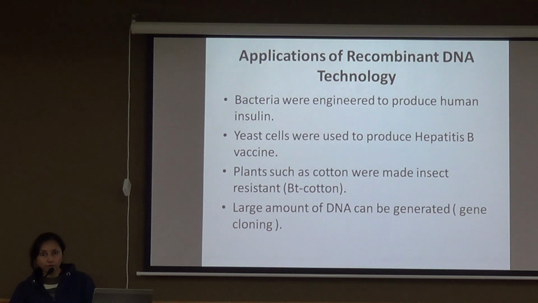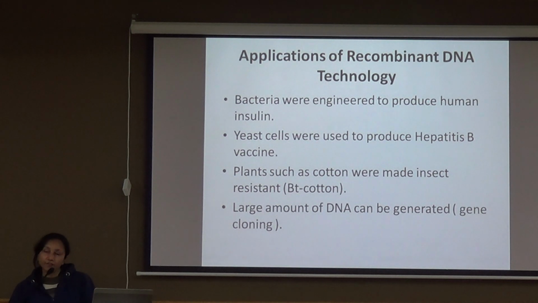So we need to clone the particular gene in eukaryote. Secondly, the post-translational modifications. The eukaryotic proteins need to undergo post-translational modifications for proper folding, which is not available in prokaryotes. That is why for cloning of eukaryotic proteins, we need to use eukaryotic vectors and eukaryotic host.